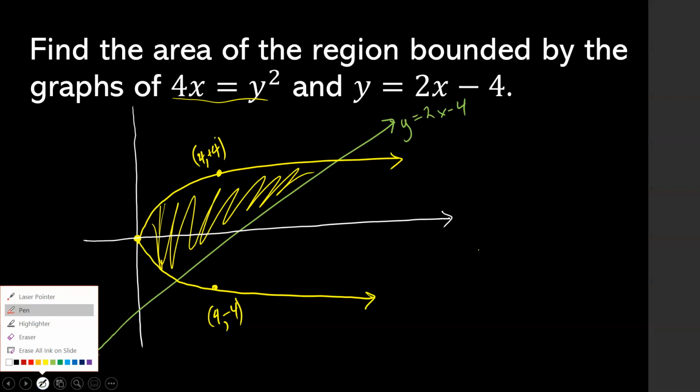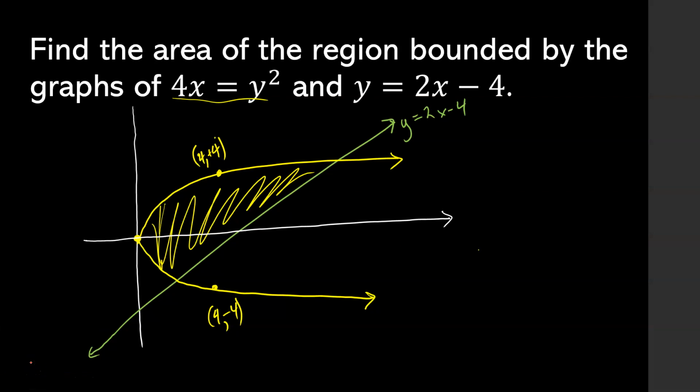So let's draw a representative rectangle. Well, again, I can't draw a vertical rectangle. That would mean the height would be 4x equals y squared minus itself. That isn't going to work. Let's get rid of that rectangle. We're going to draw our rectangle horizontally.